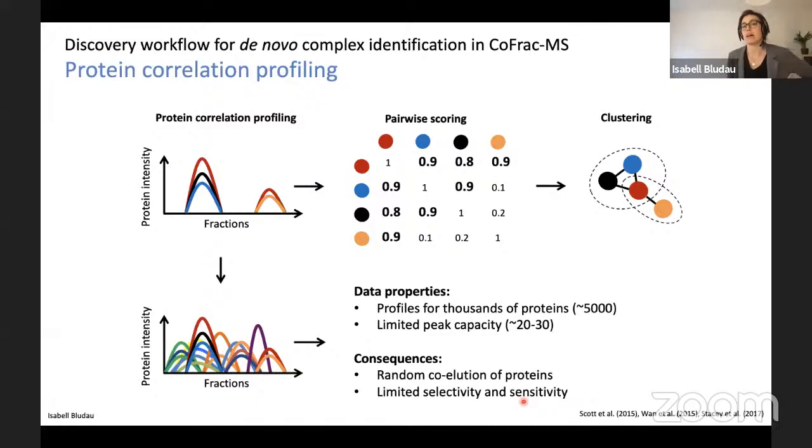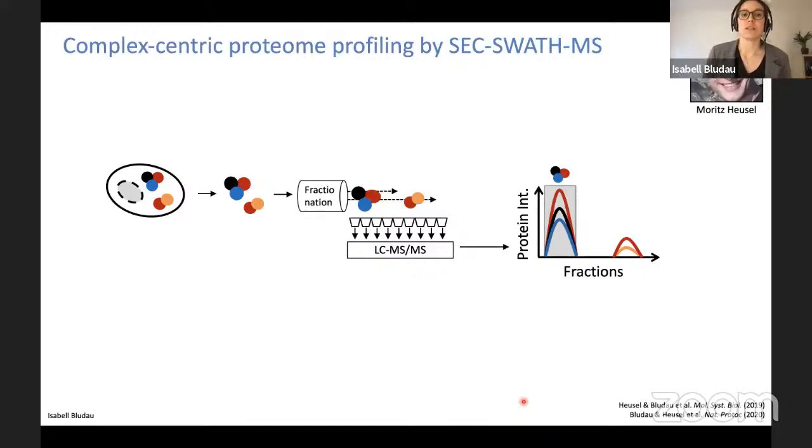One way that you can do this, and what has been done by other labs, is to use multiple orthogonal fractionation strategies to increase your selectivity. But in the Aebersold lab, we had an alternative idea, coming from the DIA analysis. We thought we could use the complex-centric or targeted approach to analyze our data.